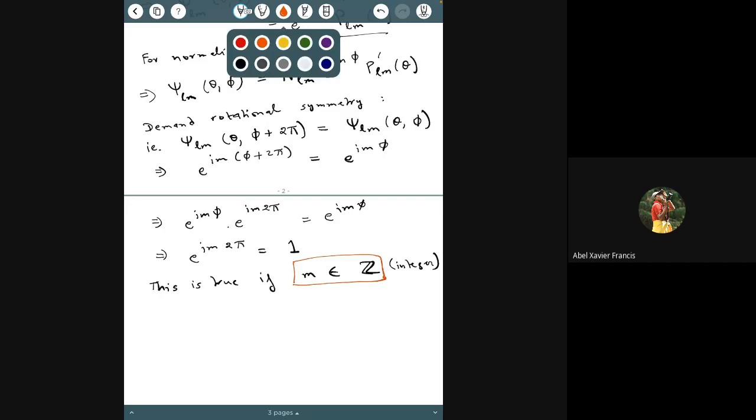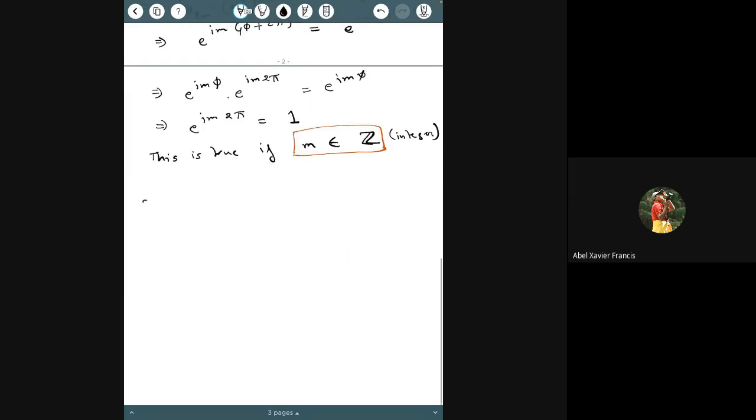Okay, so this was a simple equation to solve. Now we come to the L square, which is a little bit more work, but it's not difficult. So L square psi Lm is equal to L square psi Lm. Now we want to solve this.